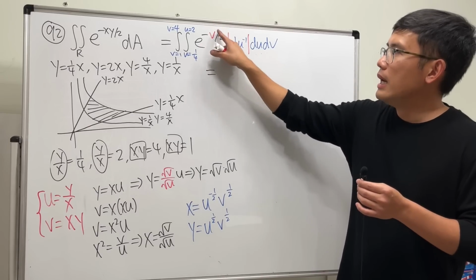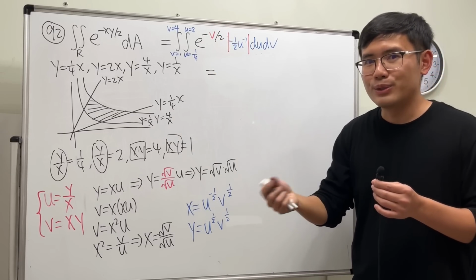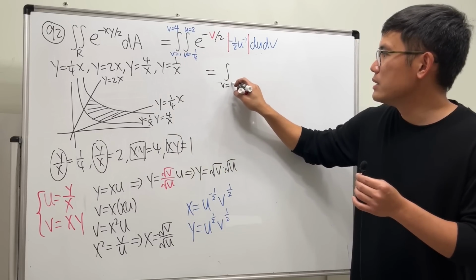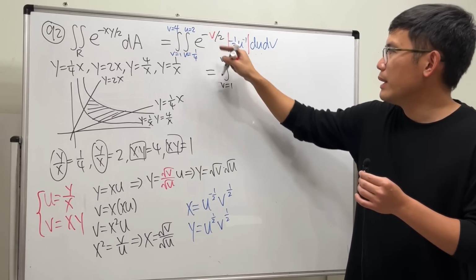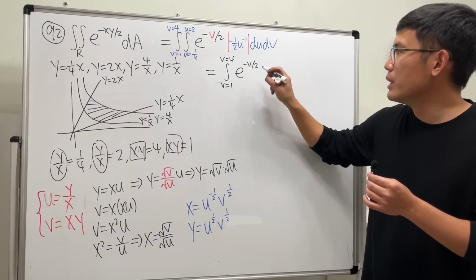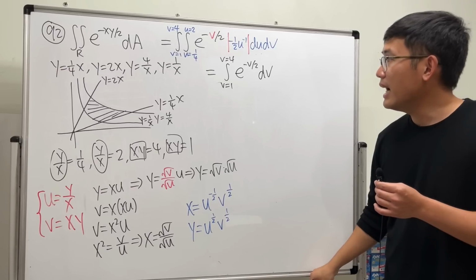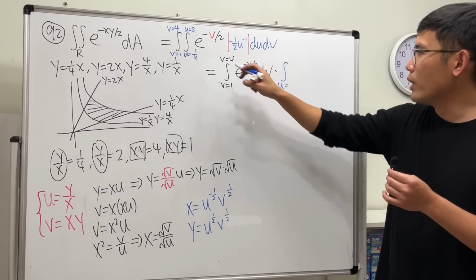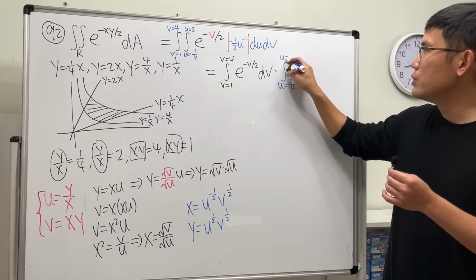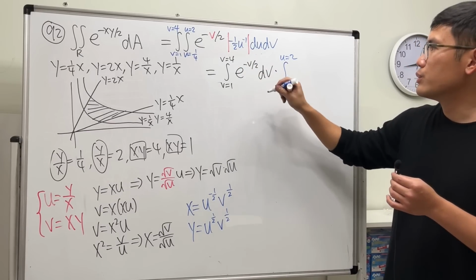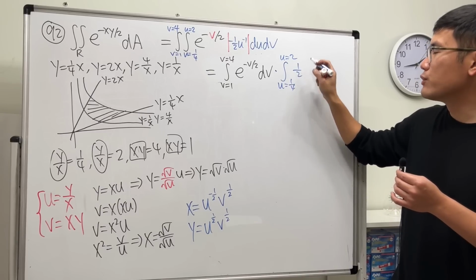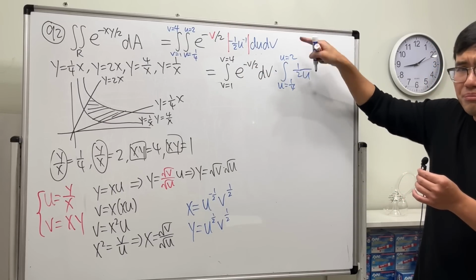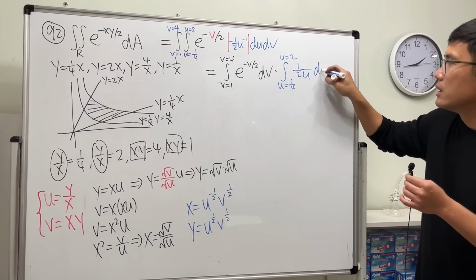You see, this thing has no u here, so we can actually break them apart into 2 integrals. So I'm going to do this one first. So v from 1 to 4, and now I'll just look at e to the negative v over 2 dv. And then the other one, I will just multiply it with u going from 1/4 to 2, and I'll just look at the absolute value of negative 1/2, which is just 1/2, and then we really don't need to worry about the absolute value for u, because 1/4 to 2 du.